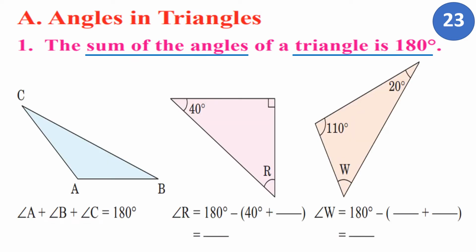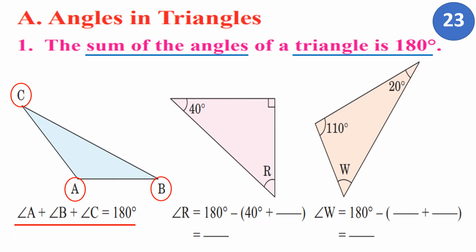Look here, you have angles A, B, and C. Angle A plus B plus C is equal to 180 degrees. Next, try to solve this.